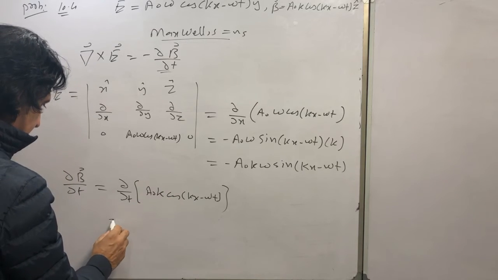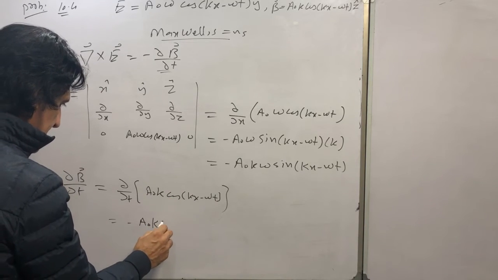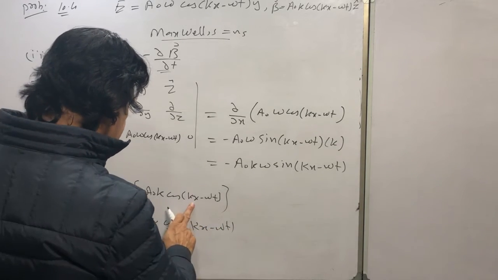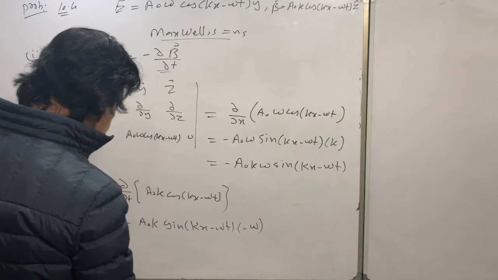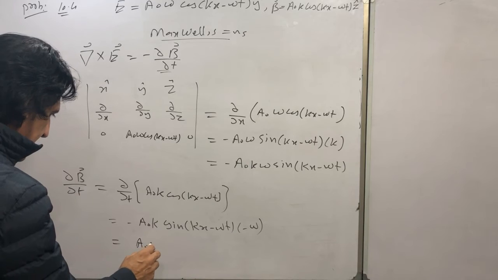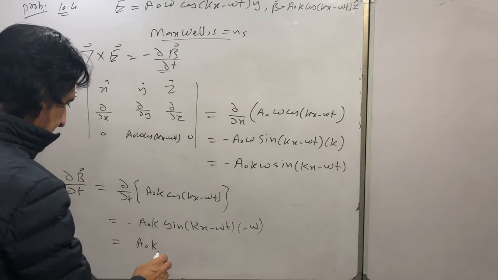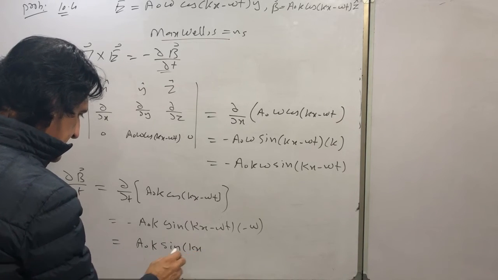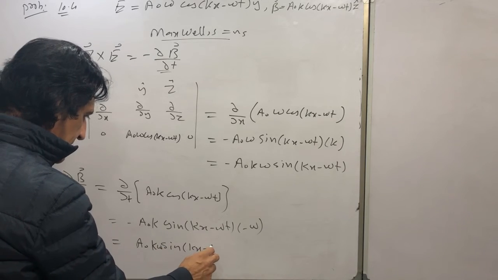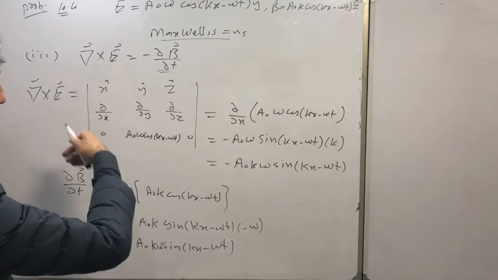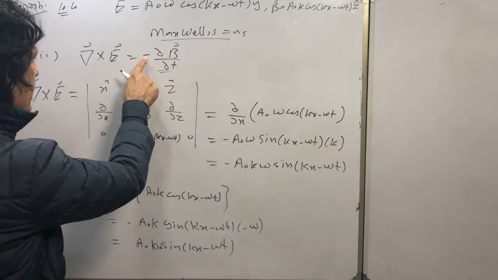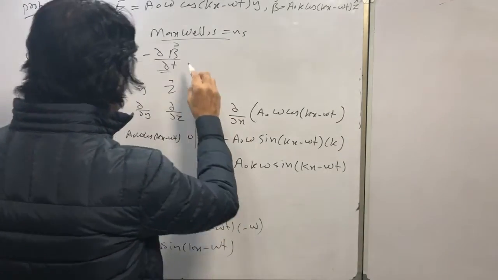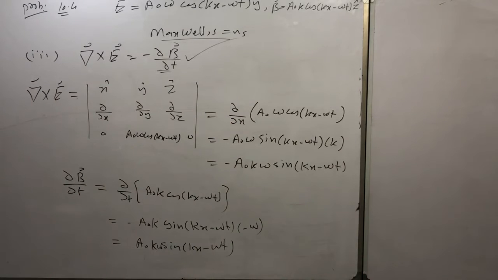So we have minus a naught k sine of kx minus omega t, and differentiate with this minus omega, and we have plus a naught k omega sine of kx minus omega t. So the left hand side is equal to the right hand side, because we have a minus here, so the minus is coming from this. So it means that this is also satisfied.